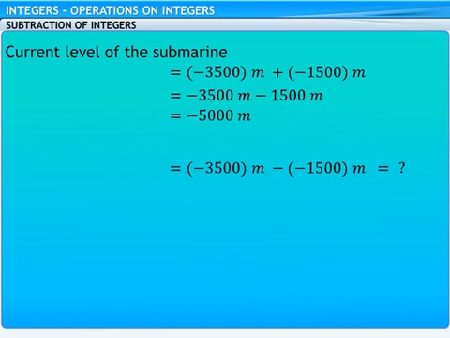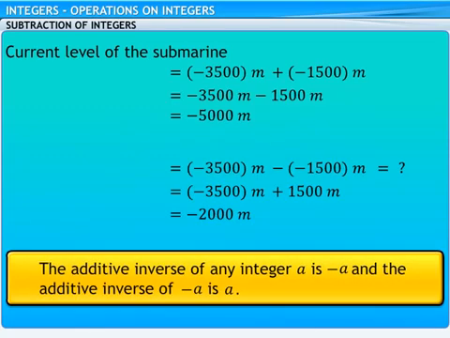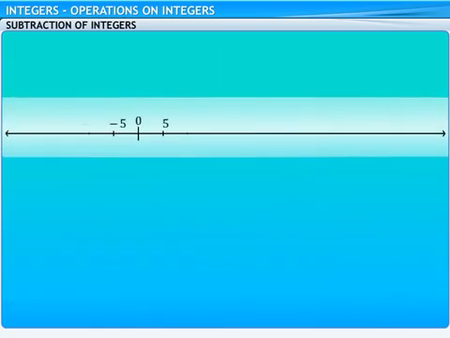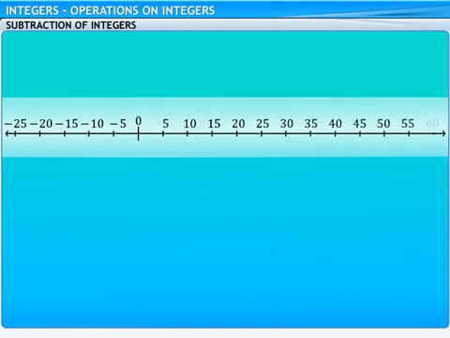In such a case, the final value would have been minus 2,000 meters. Subtraction is the opposite of addition, and therefore, we add the additive inverse of the integer that is being subtracted to the other integer. Let's see how these calculations are done on the number line.